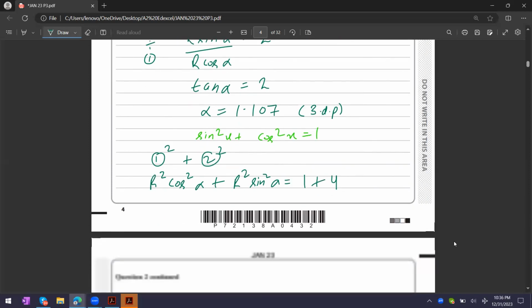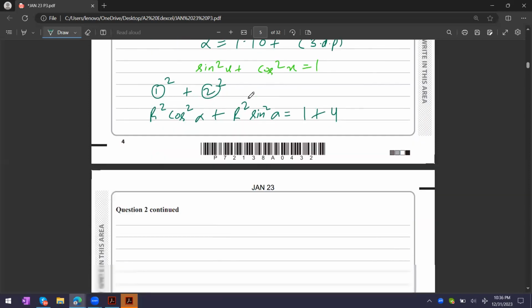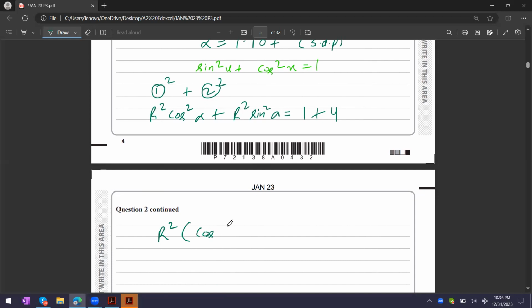Okay. Now we will use this identity, sine square x plus cosine square x is equal to 1. What you can do, you can take r square common. So r square, I'm elaborating every step, but once you know the concept, you can do it faster and in smaller steps. Okay. So this is equal to 5, and we know that sine square alpha plus cosine square alpha is 1.